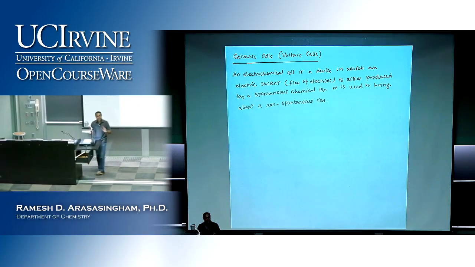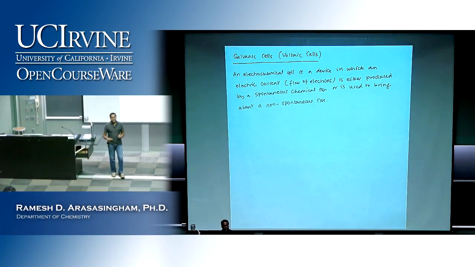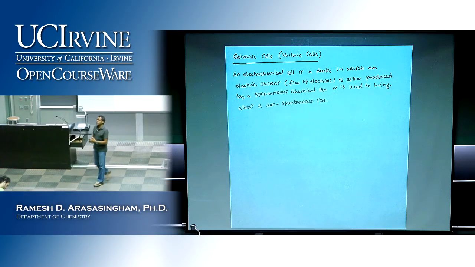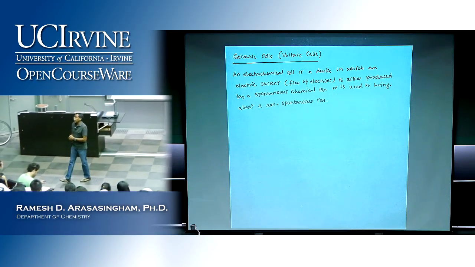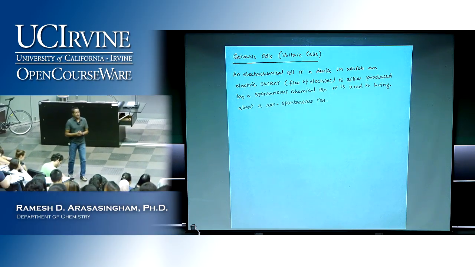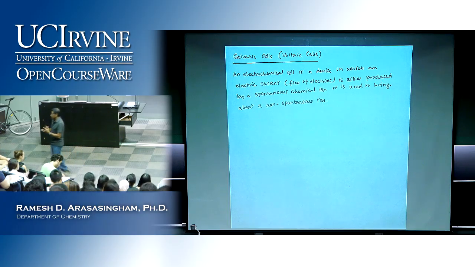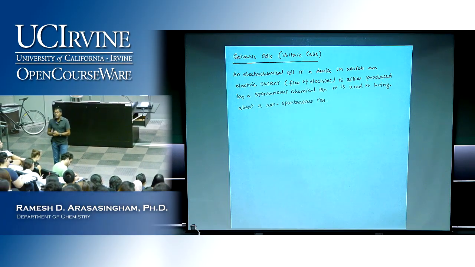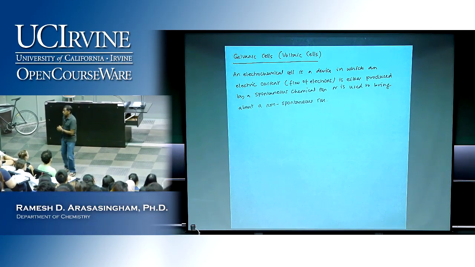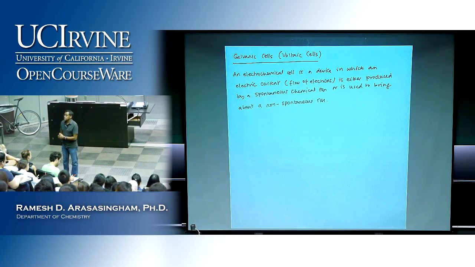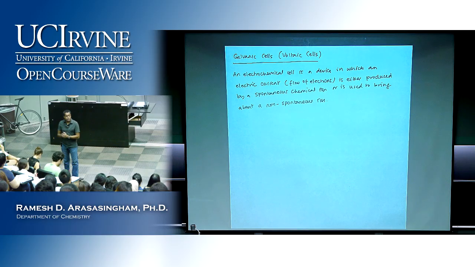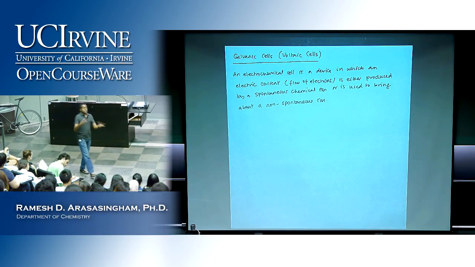Let's go back. So we're looking at galvanic cells, and galvanic cells, voltaic cells, are called electrochemical cells. All right? Overall, electrochemical cells are devices that we make up, we build. And they can be of two types. One is that you take advantage of a spontaneous reaction to generate a flow of current. All right? Or you can take an external source of current.